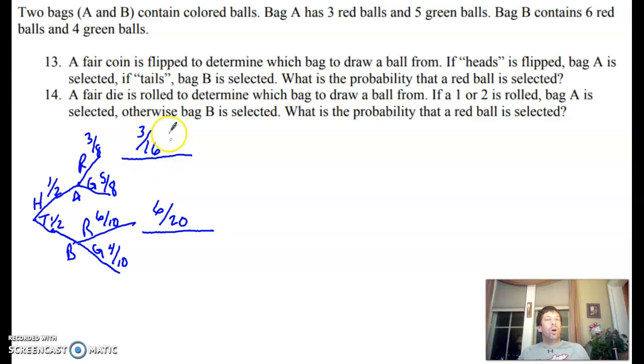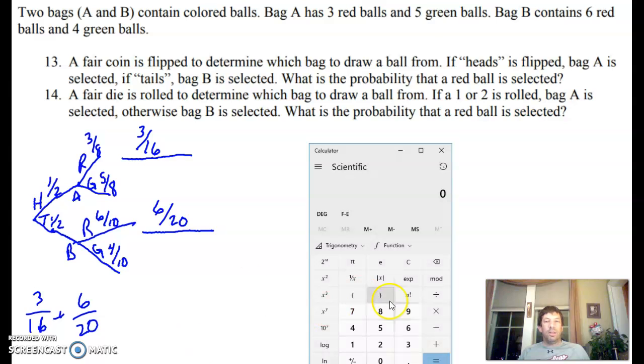Well, all we care about is that it's red. So we want to know this is the probability, 3/16, that we got a red ball from bag A, or we could have got a red ball from bag B. Remember, "or," we're going to add up the probabilities. So we want to add 3/16 plus 6/20.